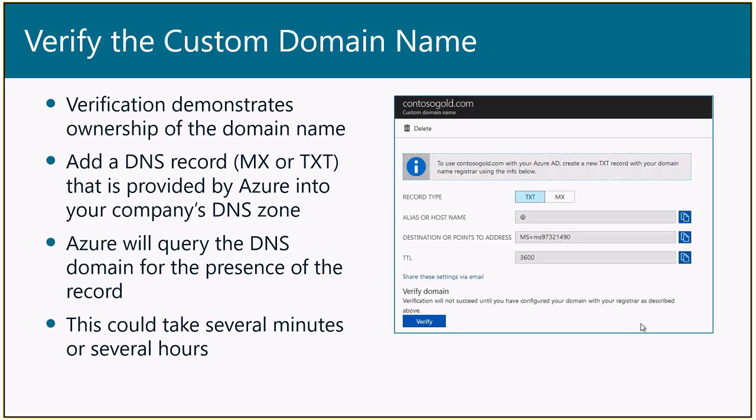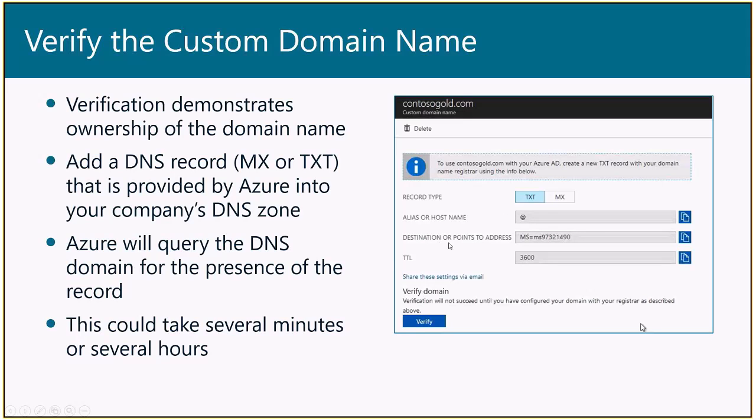So we have to decide what our custom domain name is going to be as an organization, and once we know that, we have to register that domain name. When we register the domain name, you have to give a DNS record. You can add MX or TXT, so it's to kind of tell you, do you have an alias or host name?